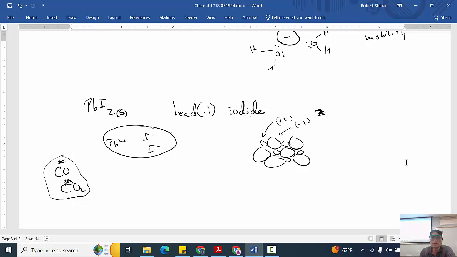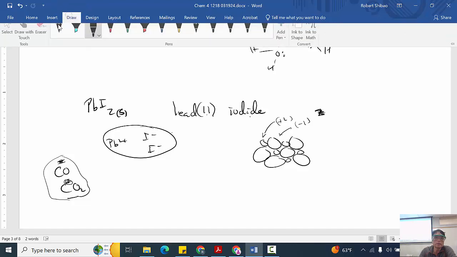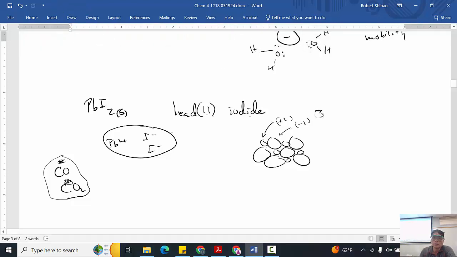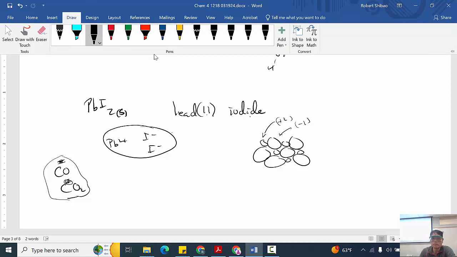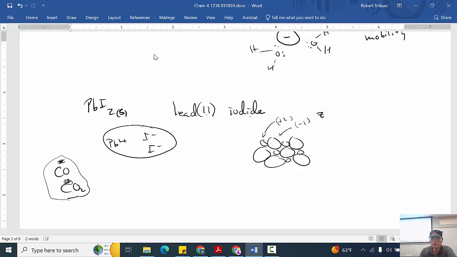In solids, what type of motion do we have? Vibrational. Since there's only vibrational, in order to conduct electricity, we need translational motion. And so the problem is not the number. Z and N are okay. Mu is no good.